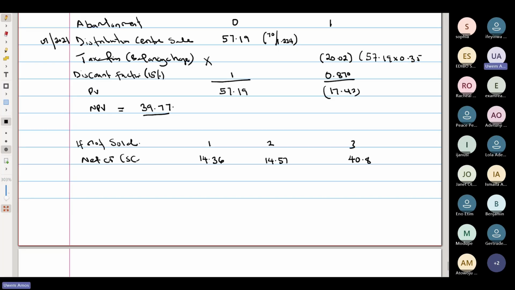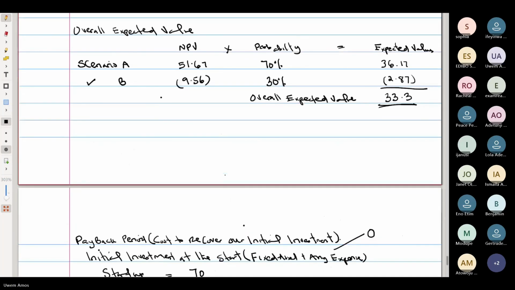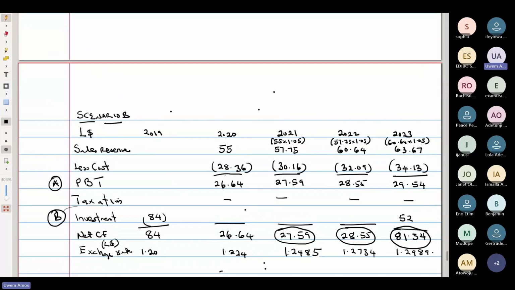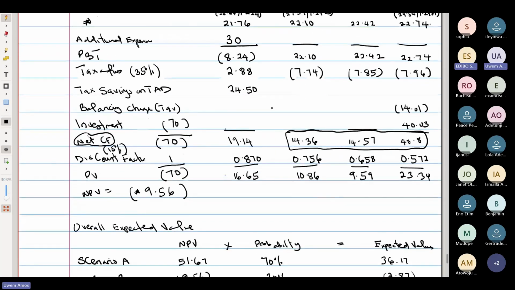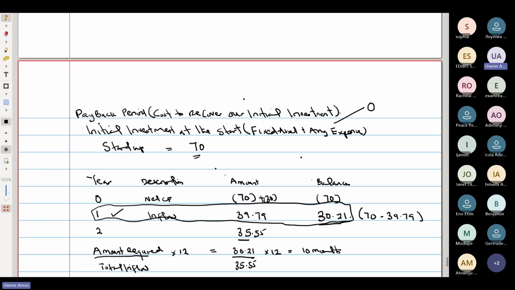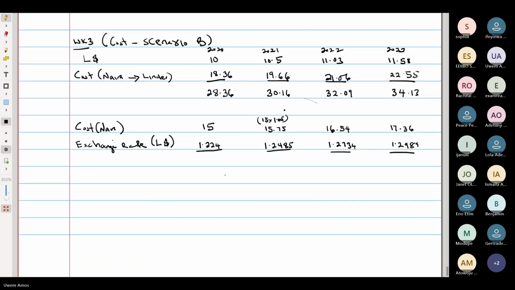The question says we should use scenario B, so we're using scenario B. Pay attention to the requirement of the question. If we were to use scenario A, we would have used scenario A. So let's discount. Our year 1 discount factor is 0.870. Let's copy the other years from our computation before: 0.756 and 0.658.